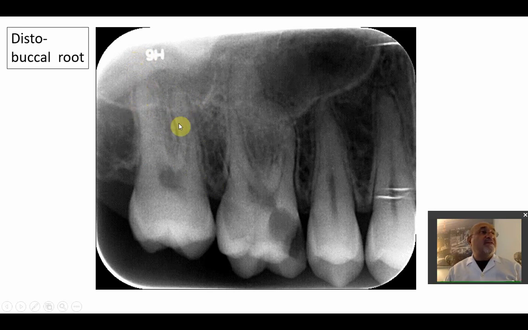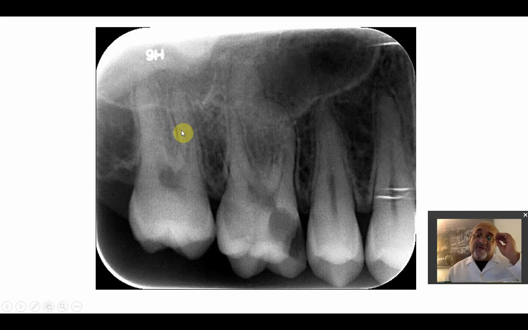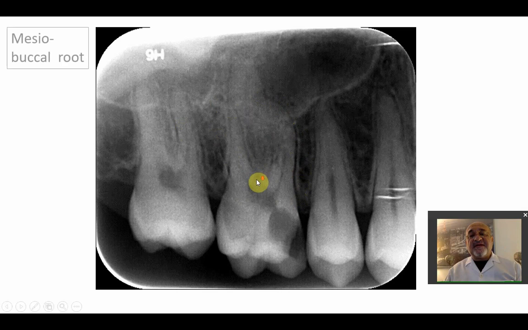These teeth are not inside the maxillary sinus actually. As I said, they are superimposed on it. And this is the distobuccal root of the 6 over here. You can follow it from the PDL, and you can see that the mesiobuccal root of the 6 is a bit dilacerated distally, as you can see here in this radiograph.